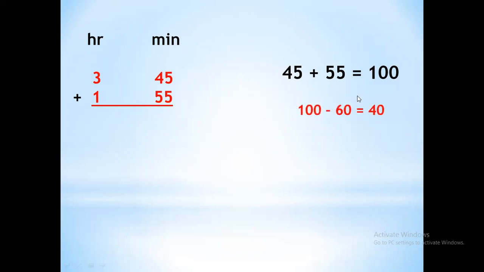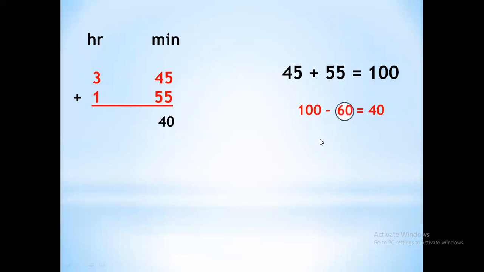So 60 minutes will be taken out from this 100. When you take out 60 minutes out of these 100 minutes, you will get 40, and this 40 will be written in the minutes column. The 60 minutes will be taken to the next column, but not in the form of 60. When you take these 60 minutes to the hours column, it will make 1 hour.